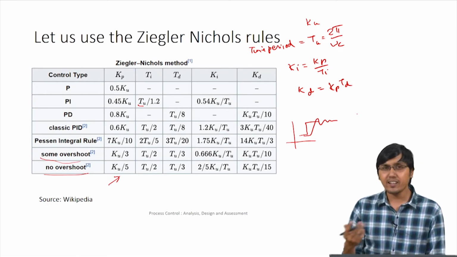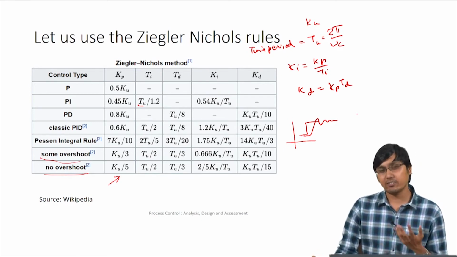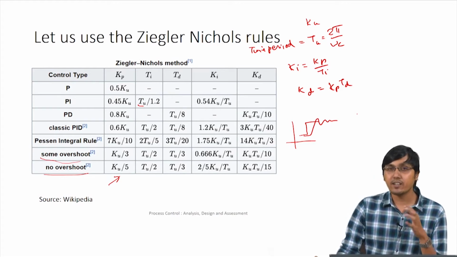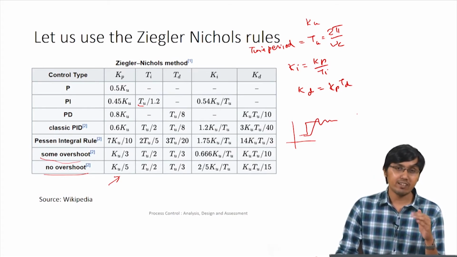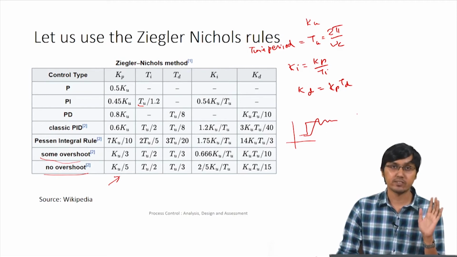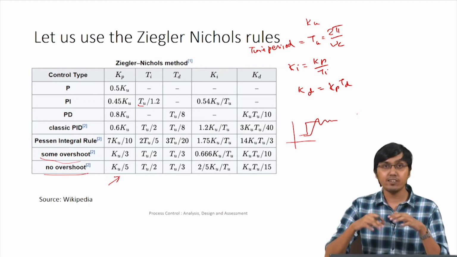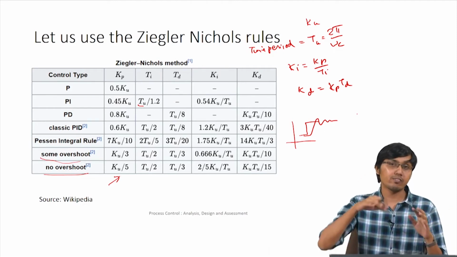One way to visualize why overshoot is important: suppose you have a tank, and you want to change the level from 50% to 80% of tank level. Now you are interested in whether, if it has an overshoot, the water will flow out of the tank or not.